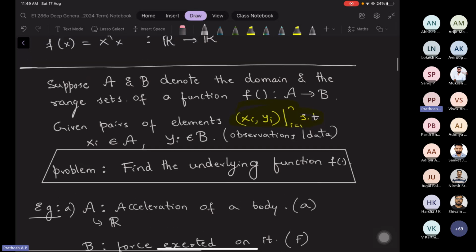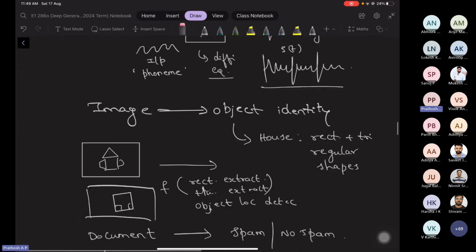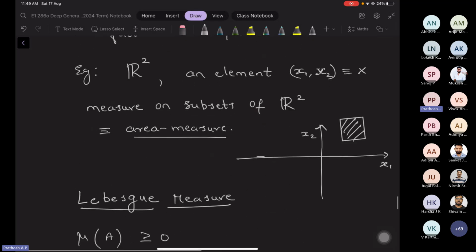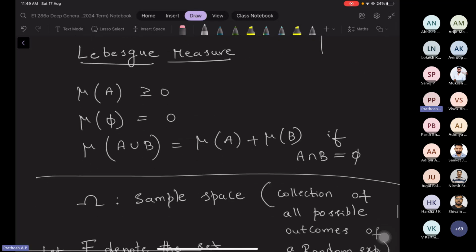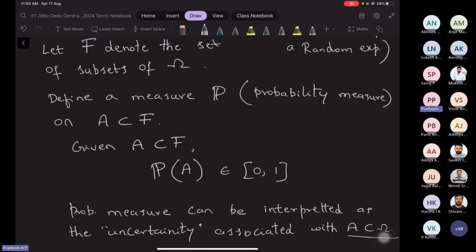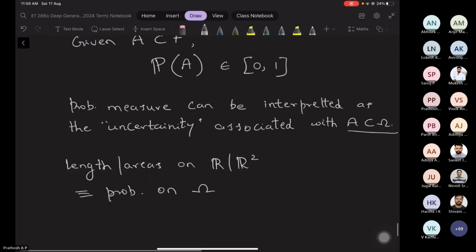When we said that we have pairs of observations coming from two sets, similarly, the set that we talk of as the domain for function approximation now becomes the elements of the sample space. And just like you associate lengths with subsets of real numbers, you associate another measure called the probability measure, which will not give you the length of these subsets. It will tell you how certain or uncertain that particular set is. Do you see this point?